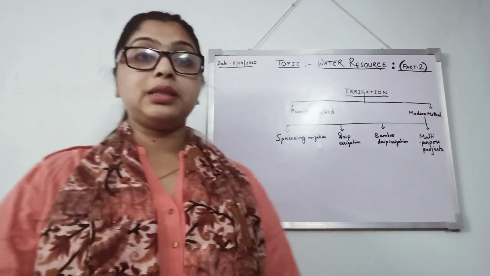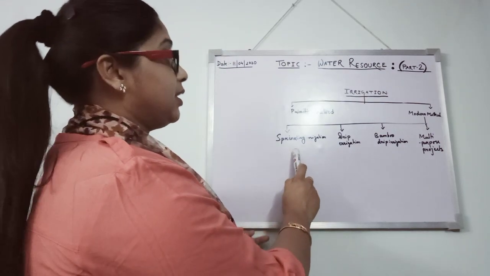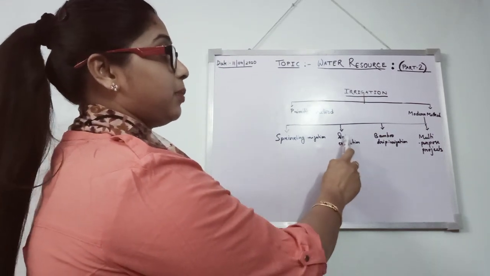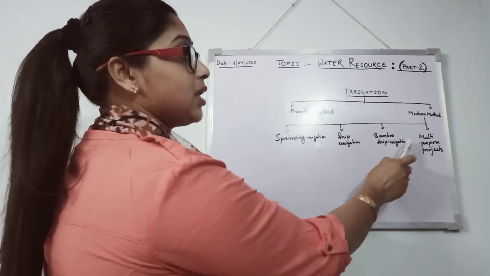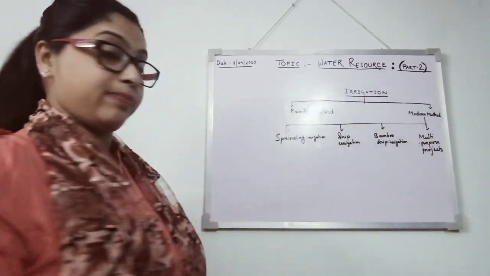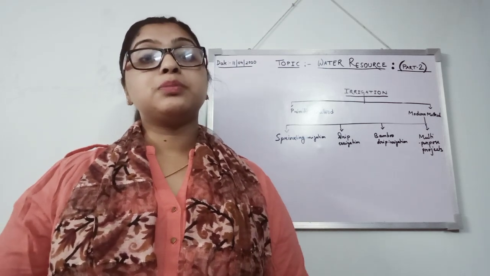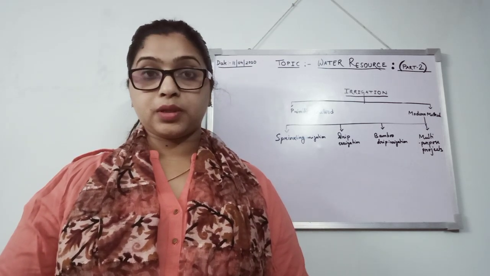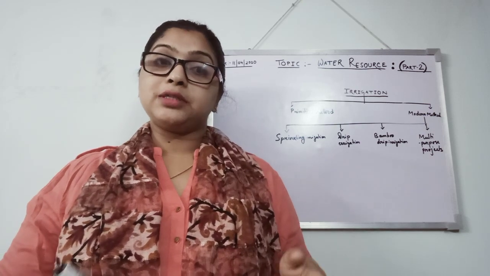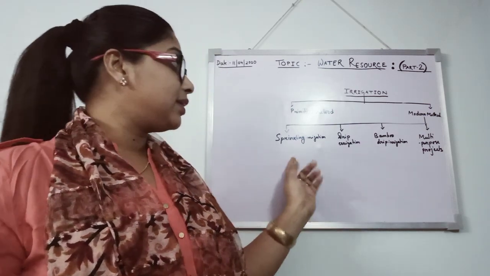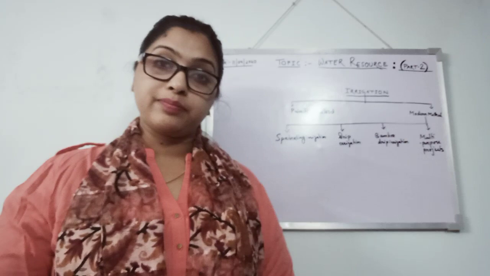I have written the modern methods of irrigation here: sprinkling irrigation, drip irrigation, bamboo drip irrigation and multi-purpose projects. So here students, what is sprinkling irrigation? First of all, I will tell why these are modern methods.